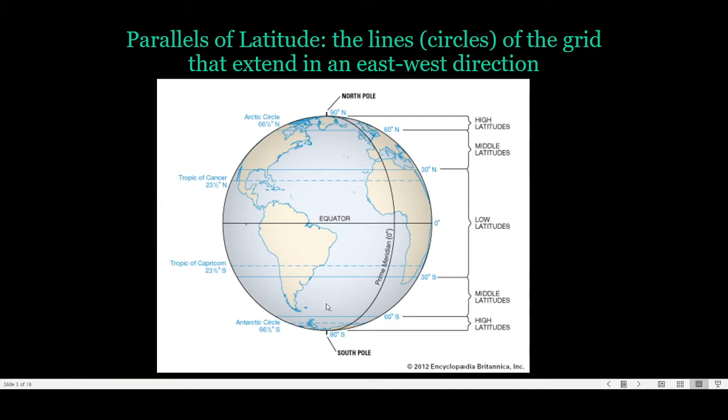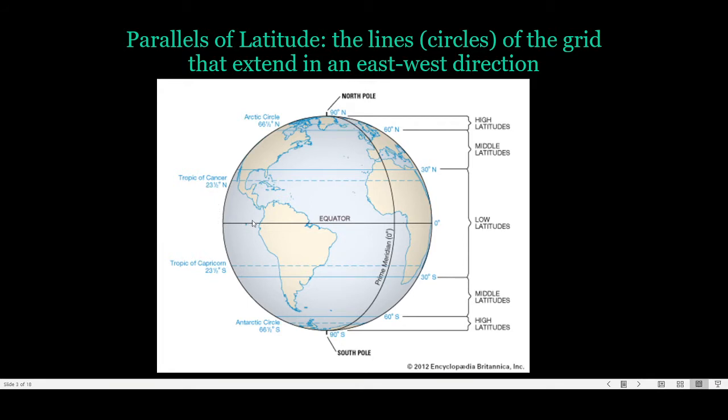I put this diagram specifically so it could help you to answer the special lines of latitude. These are the special lines of latitude. The Arctic Circle at 66.5 degrees north, and the Tropic of Cancer, which is this dashed line, at 23.5 degrees north.